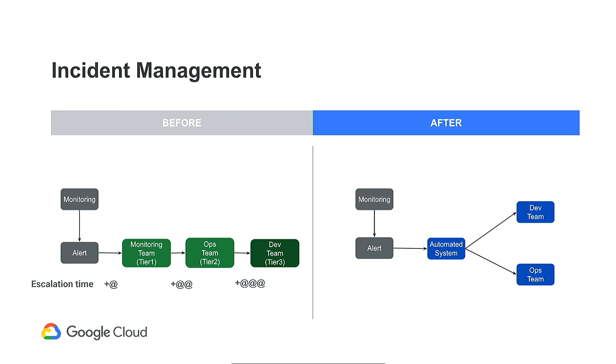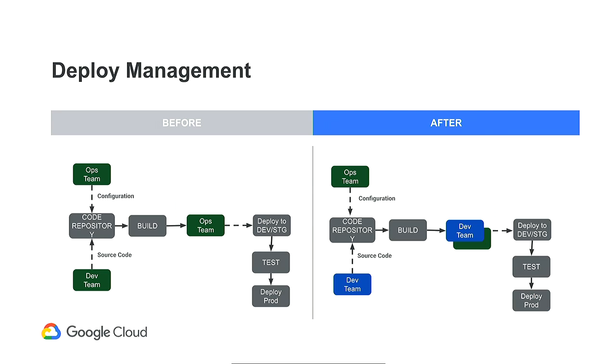It could go to infrastructure engineers if it's violating some SLO that we pre-built for the network, right? So we can pinpoint the alert, and we bypass the multi-tier escalation there.